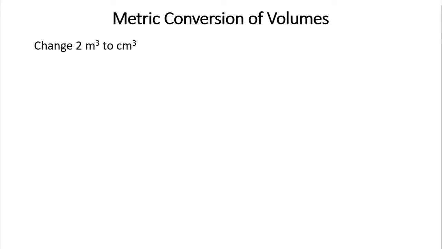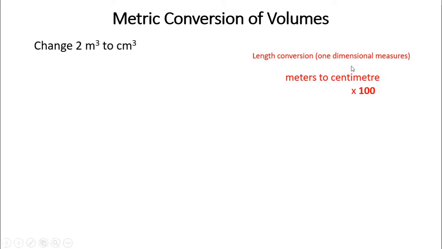Now this should be really simple and straightforward. You know how to convert between metric units of length. 1 meter is 100 centimeters. So converting from meters to centimeters, we times by 100. But going back to what we were saying about one-dimensional measures compared with two-dimensional measures and three-dimensional measures, well, this is a three-dimensional measure.